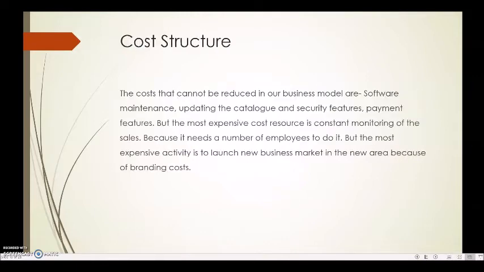How would our cost structure look? The cost structures that really cannot be reduced in our business model are software maintenance. We have to keep the software updated all the time, and the catalogs updated all the time.